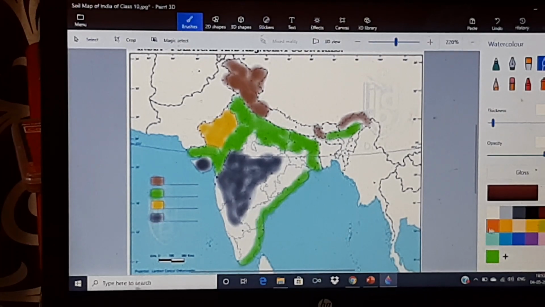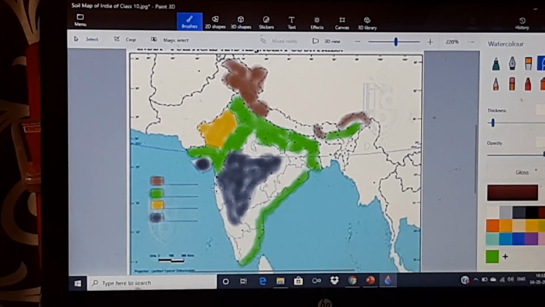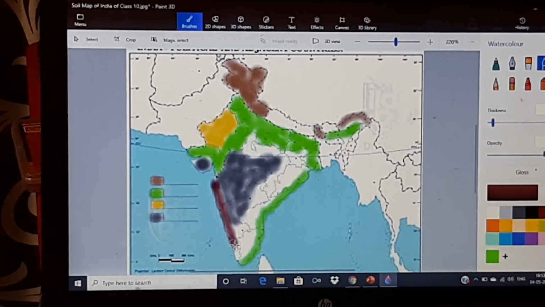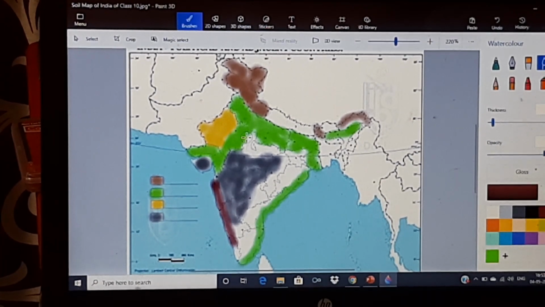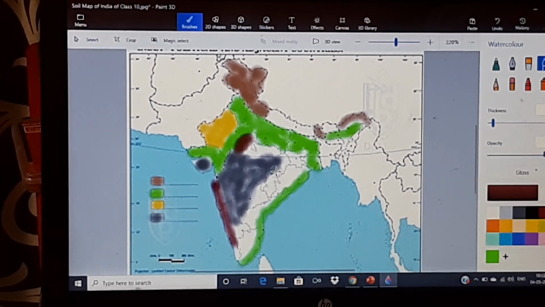Now the lateritic soil, we all know it has been formed by the process of leaching, and leaching is very much prevalent in the areas of heavy rainfall. Now this is the western part of the Western Ghat, where we are having the zone of lateritic soil, this zone where the rainfall is heavy. The Chambal Basin area, this is the Chambal Basin area where we are having a patch of laterite.